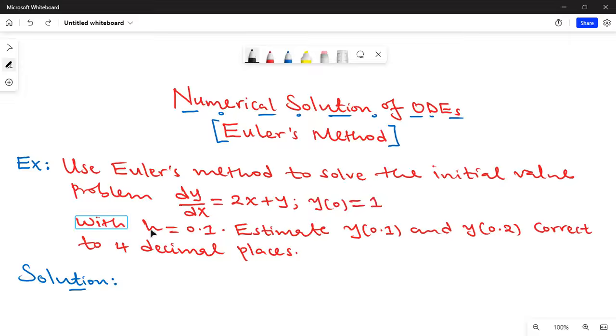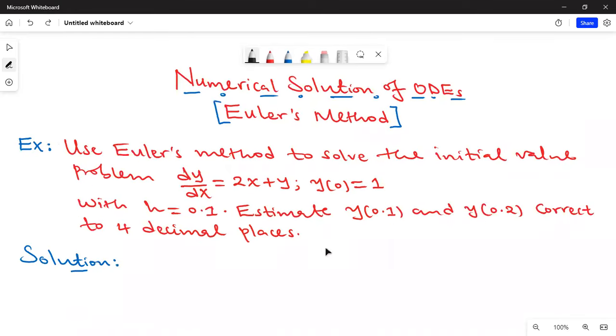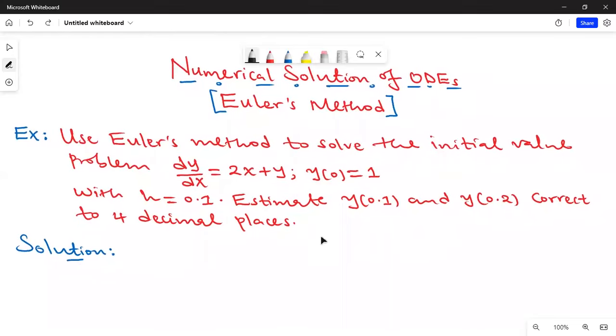Use a step size of h is equal to 0.1. Estimate the values of y of 0.1 and y of 0.2, correct to 4 decimal places. So let's see how to go about this problem.